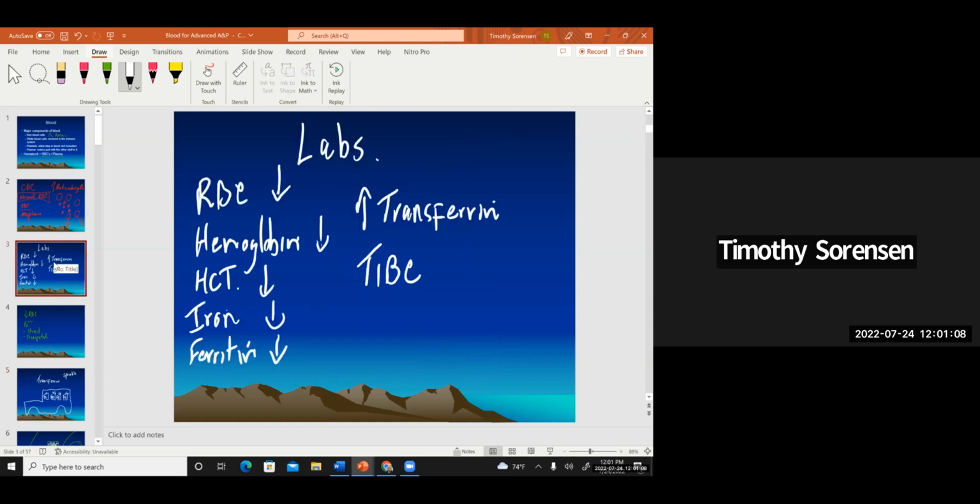So from a lab perspective, to diagnose iron deficiency anemia, the iron will be low, the ferritin, the protein that stores the iron, is going to be low. The transferrin that actually transports it around to the different body parts, especially the bone marrow, that's going to be elevated.